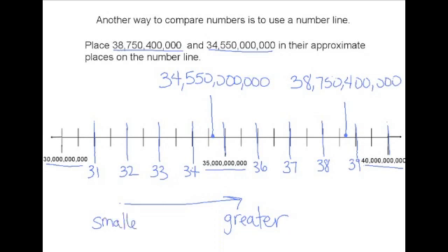So since 38 billion is to the right of 34 billion, I know that 38,750,400,000 is greater than 34,550,000,000. So that's how I can use a number line to help me determine which number is larger or smaller. So that's how we do it with two numbers.